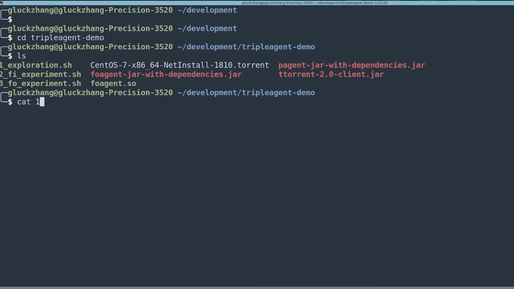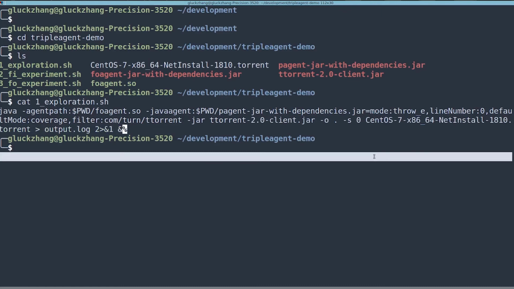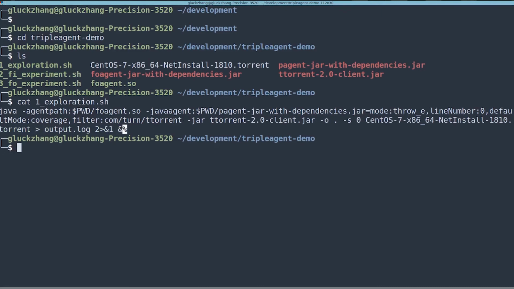Usually, when we run some Java applications, we could use this option, javaagent path, to define what kind of Java agents you would like to attach. I think everyone is familiar with this one. We just run the TTorrent application by default, java -jar file. And then we try to download a CentOS ISO package.